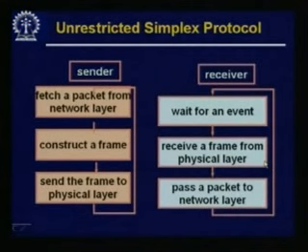The receiver, if things are all right, waits for an event, receives a frame from the physical layer, and passes the packet to the network layer. If some faulty things have gone in, maybe it is the responsibility of higher layer systems to take care of that. Or maybe the higher layer application does not bother if a few bits are bad, say in the case of a voice channel.